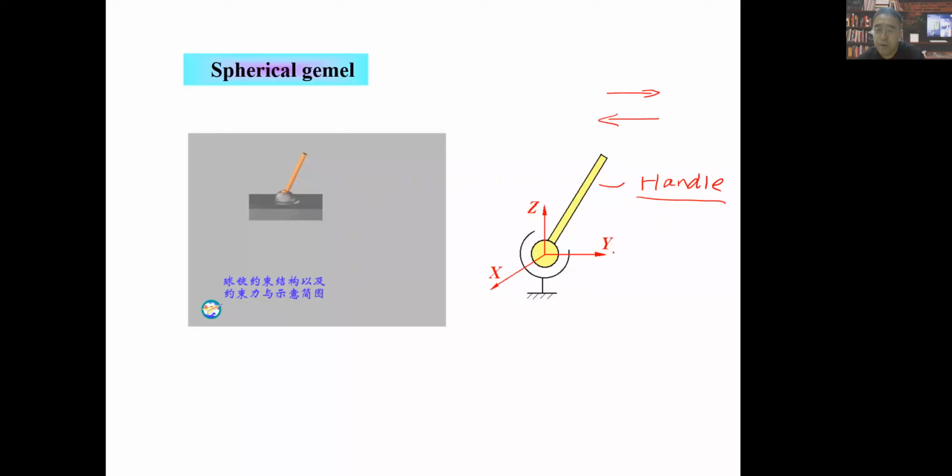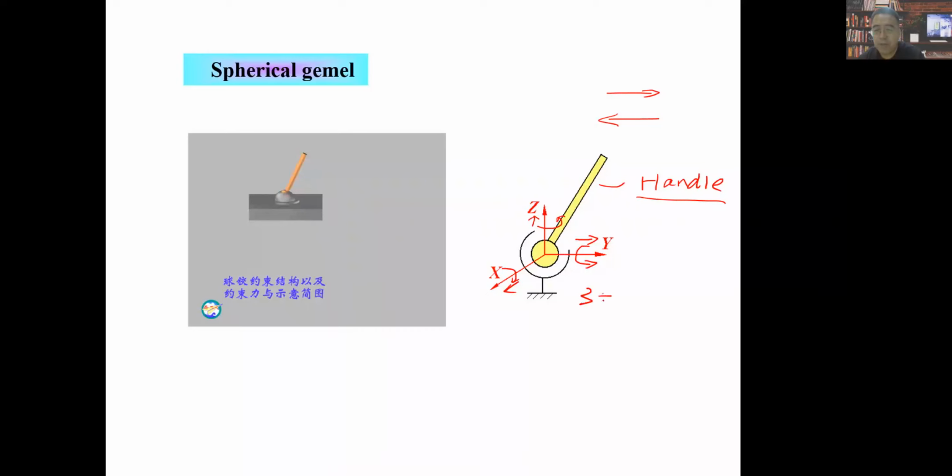So a free body in space has 6 kinds of capable movement: movement along the Y, Z, and X axes, and rotation around the Y, around Z, and around the X axis.